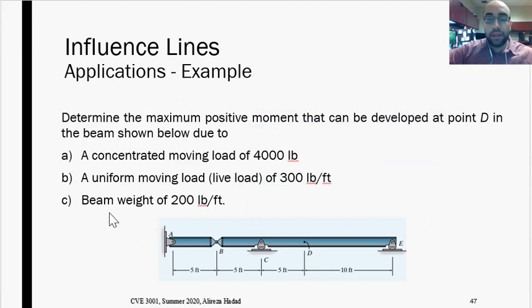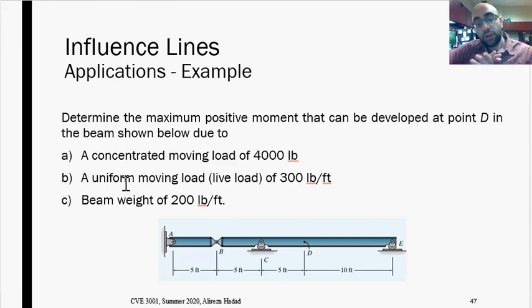The third case is asking about beam weight of 200 pounds per foot. Again, we have a uniform load, but the important difference is the nature of the loads. At part B, or case B, we talked about a uniform moving load, which was a live load.